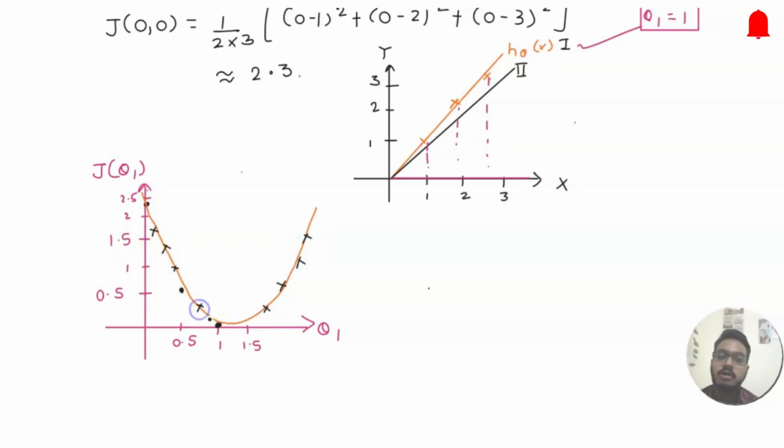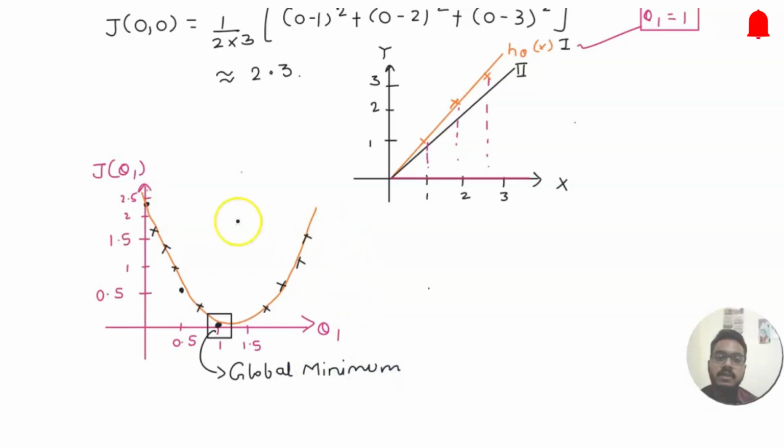We also saw that in this case, the distance between the actual and the predicted point is the minimum, and this was the best fit line. This we know is called the global minimum.